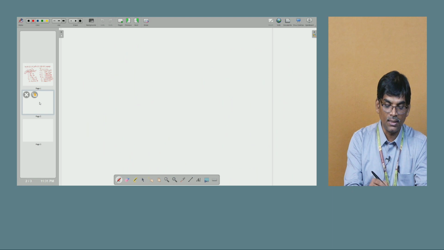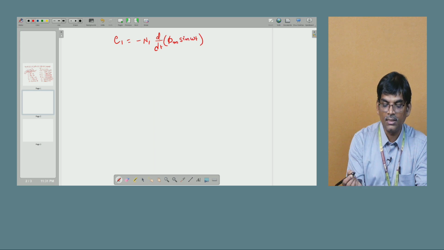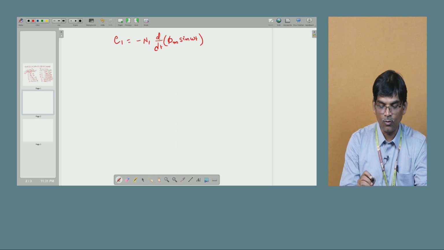We can get the E1 value. E1 is equal to minus N1 d by dt of φ, where φ is equal to φm sin ωt.